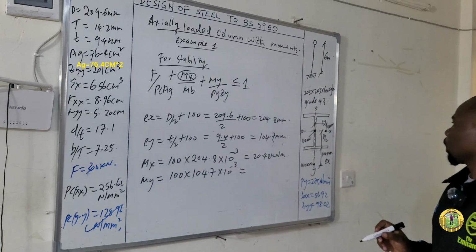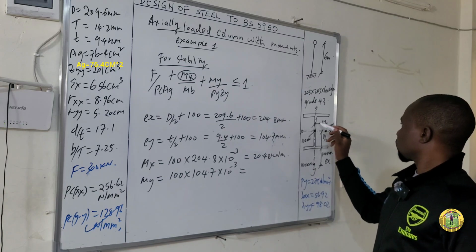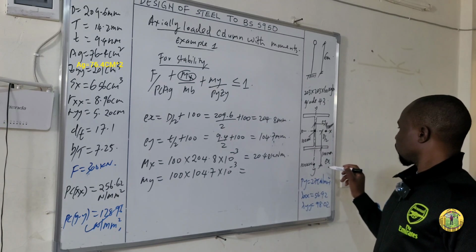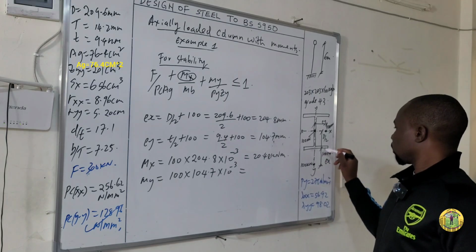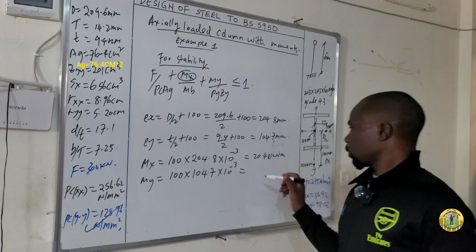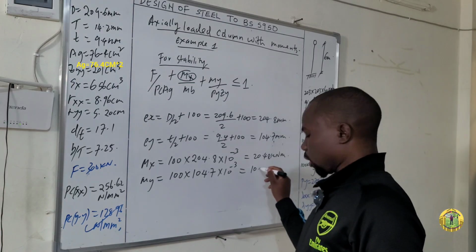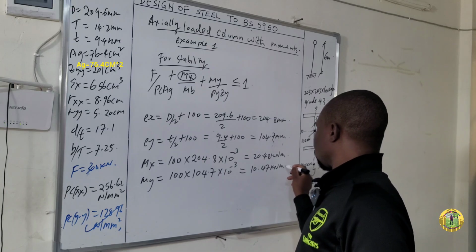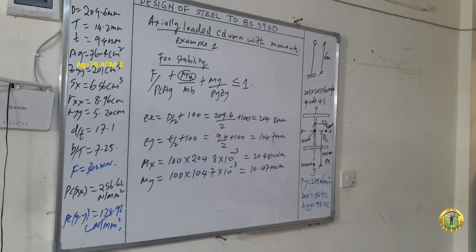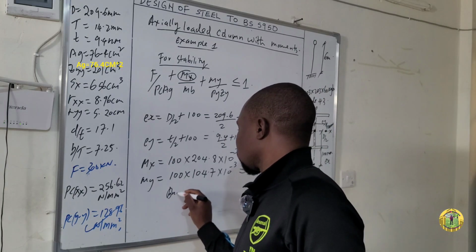So MY is 100 times EY, and MX is 100 times EX. So this one is equal to 10.47 kilonewton meter.